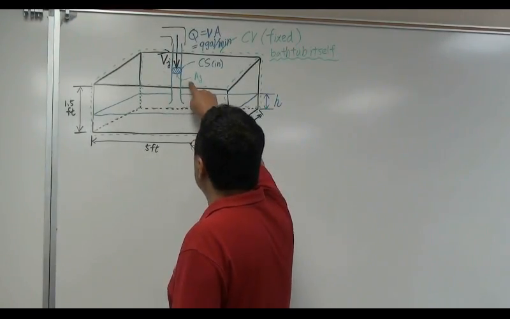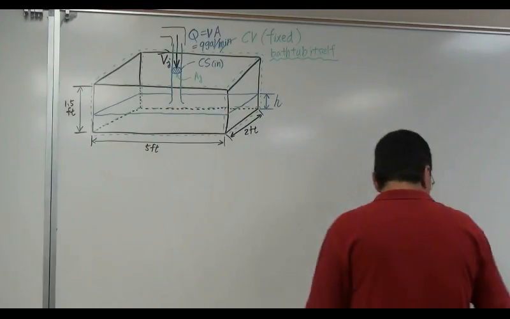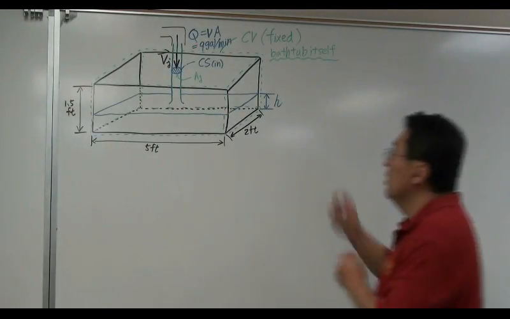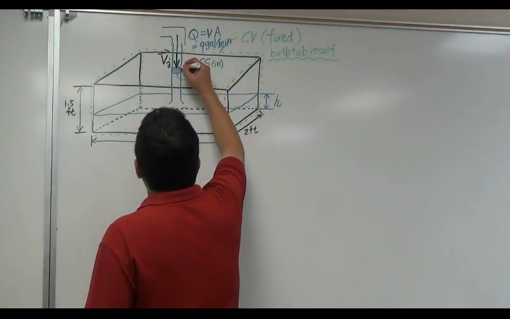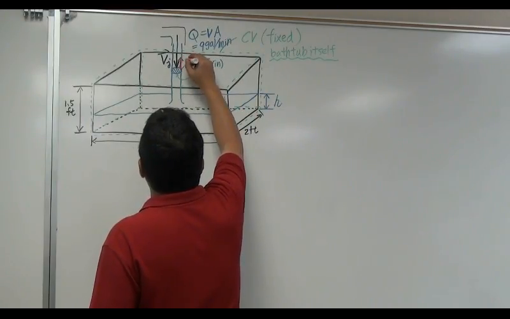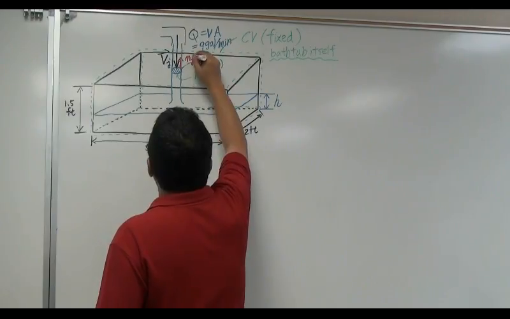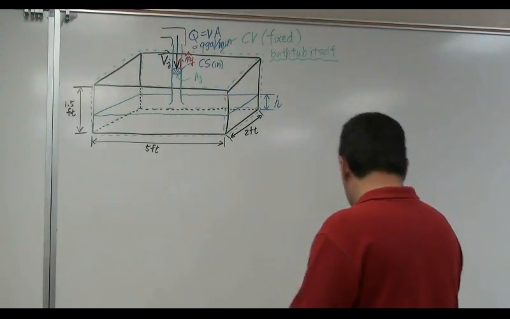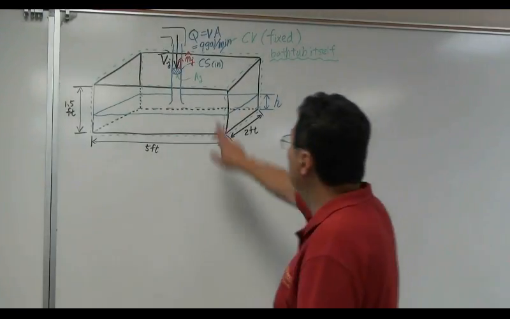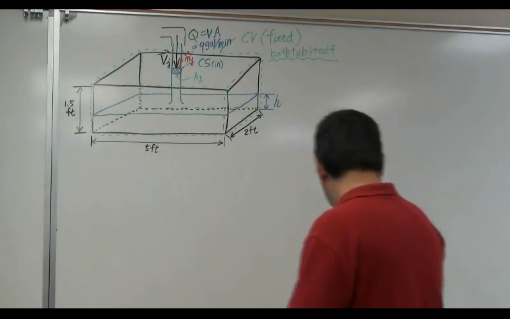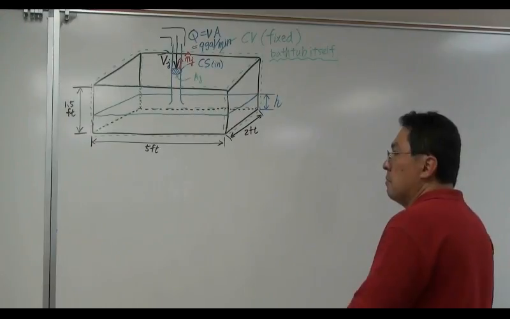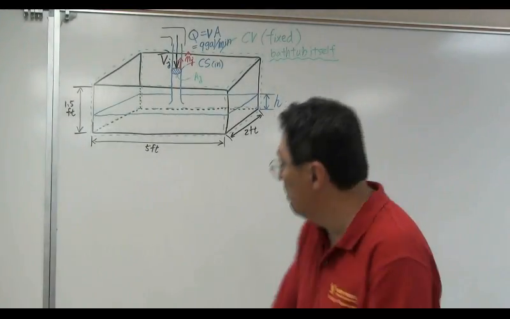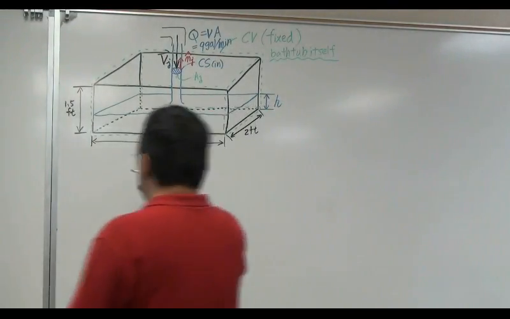This is the cross-section area, control surface in. Of course, you're going to define outward unit normal vector, let's say n sub j, outward unit normal vector, defined on this control surface in. Okay. Then now you are ready to apply continuity equation.